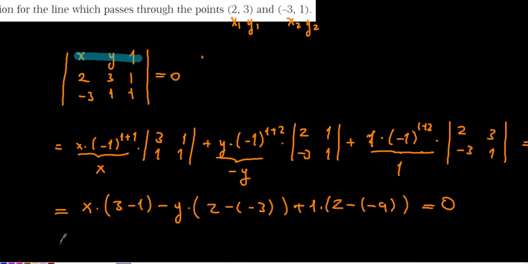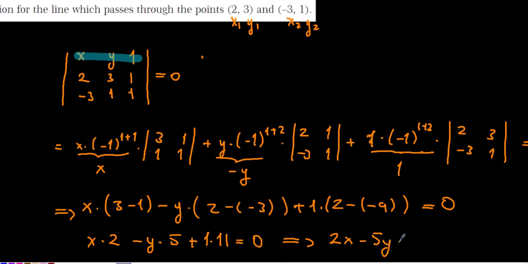This should be equal to 0, which means that x times 2 minus y times 5 plus 1 times 11 is equal to 0, or we can write it like this: 2x minus 5y plus 11 is equal to 0.